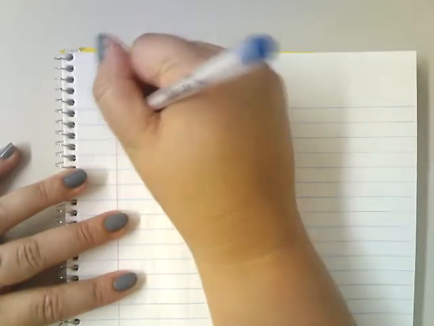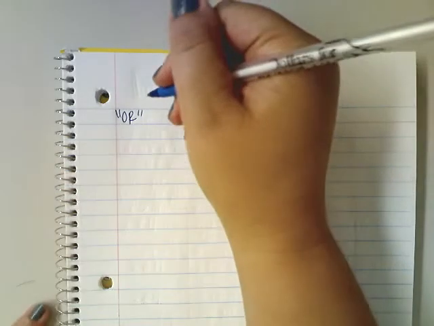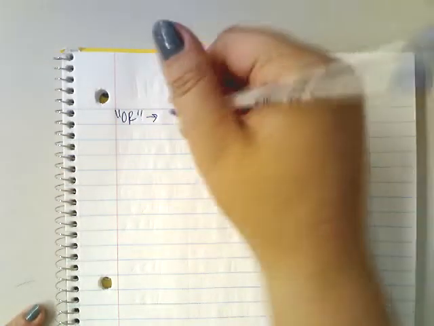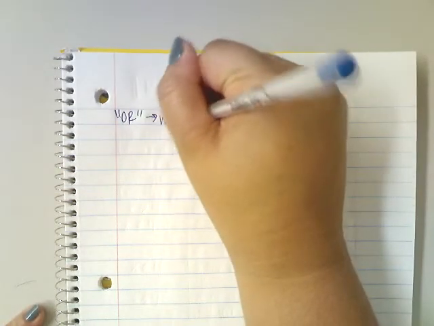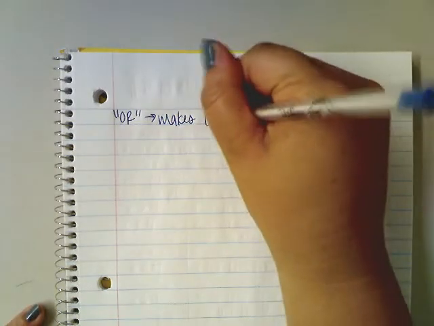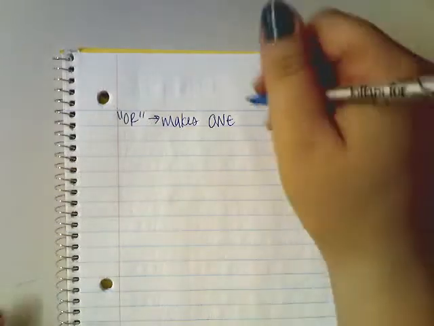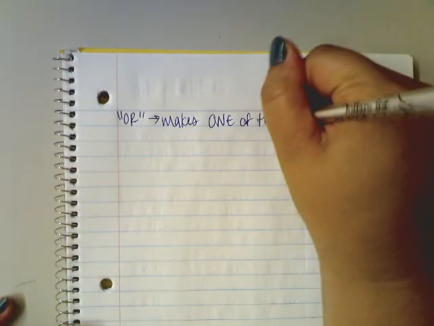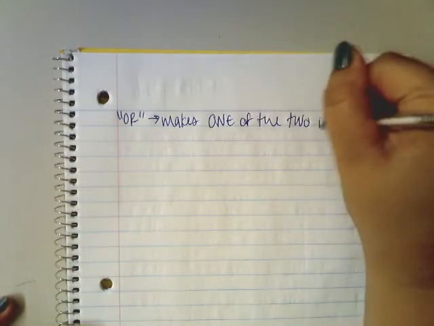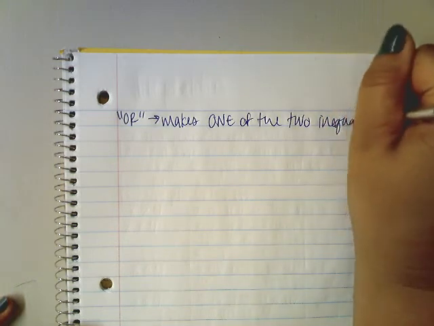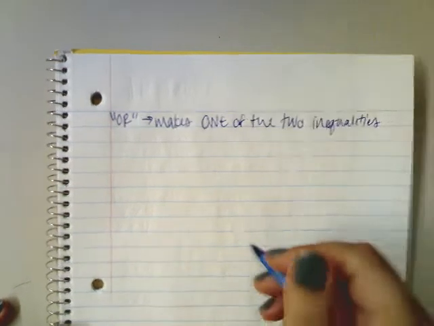Our or inequality works differently. Last one, the solution had to work for both. So it had to work for one and the other one. Or, on the other hand, it makes one of the two inequalities true.